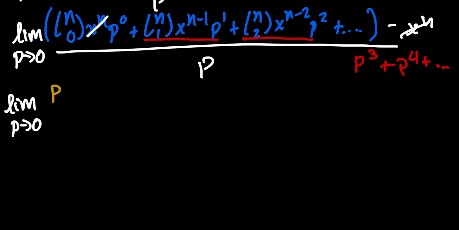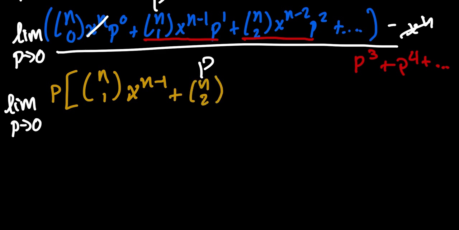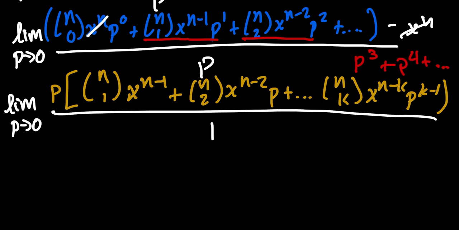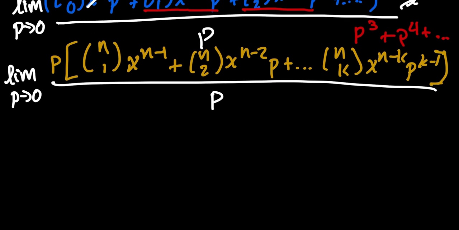We can take a p out and put it at the front, with brackets: n choose 1 times x to the n minus 1, which will have no p, plus n choose 2 times x to the n minus 2 times p, dot dot dot, and then n choose k at the end, x to the n minus k times p to the k minus 1. And we're going to have that all over p. Now, we can cancel out this p and p.